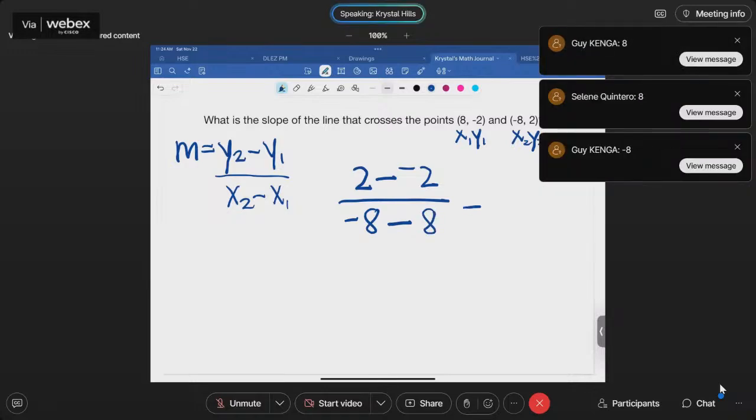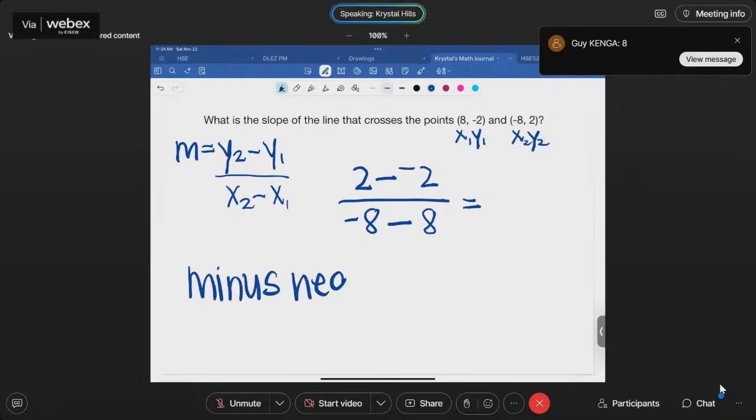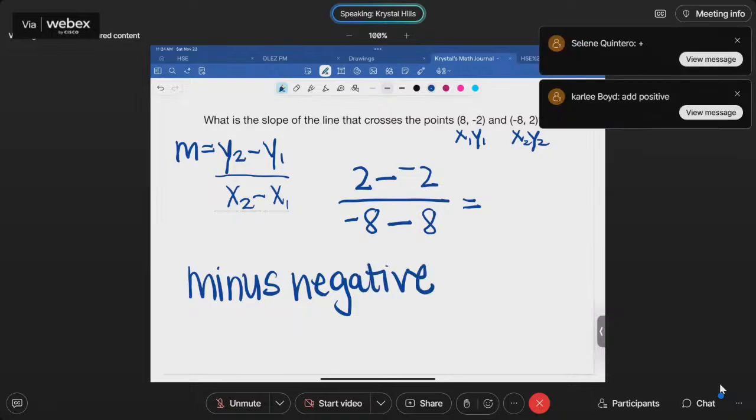What does minus negative mean? To add. Minus negative means to add. So we have 2 minus -2. So that becomes 4. And we have -8 minus 8.